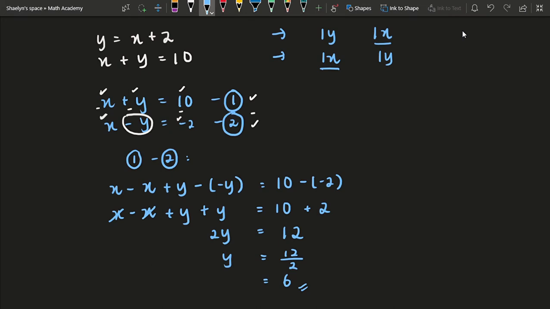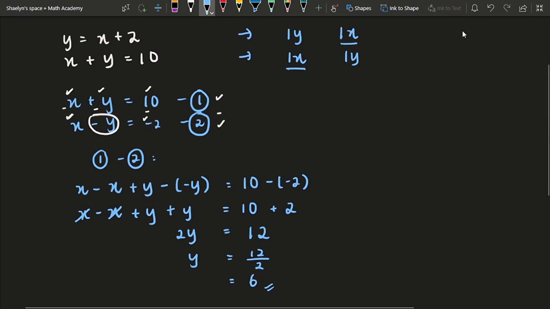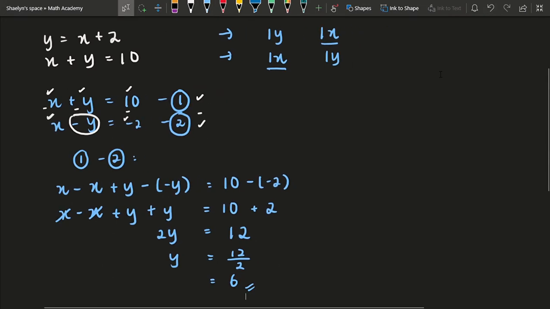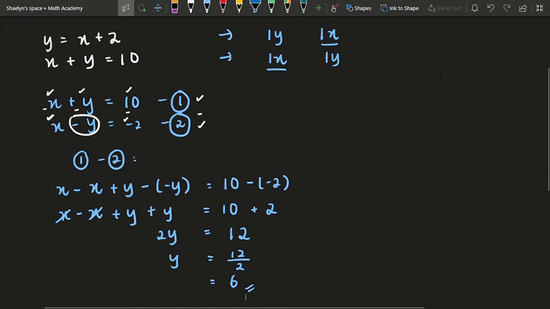Same as the substitution method. Do you stop here? No, you don't stop here, because the x, we don't know the value of x yet. So we gotta try with the x. You can simply choose whether you like the first one or the second one. For me, I'm gonna use the first one, x plus y equals 10.